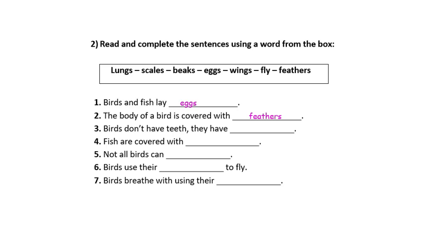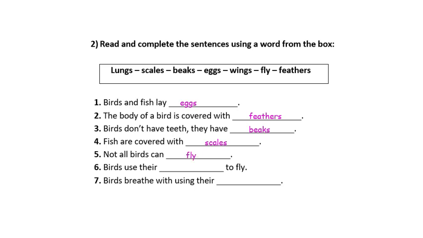Number 3, birds don't have teeth. Yes, of course, they don't have teeth. They have beaks. Number 4, fish are covered with scales. Don't forget that fish are covered with disconnected scales. Number 5, not all birds can fly.